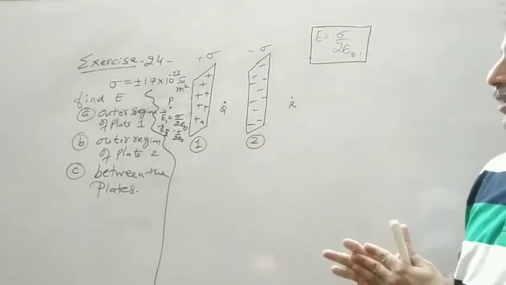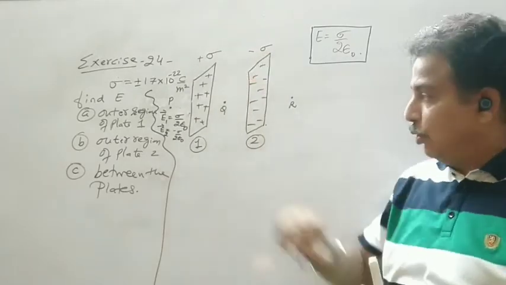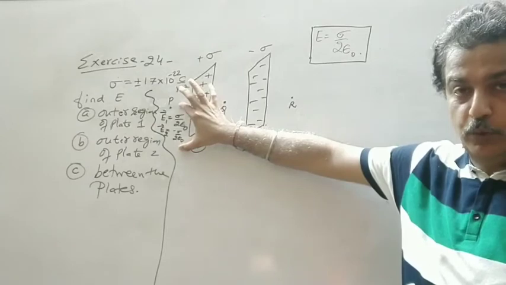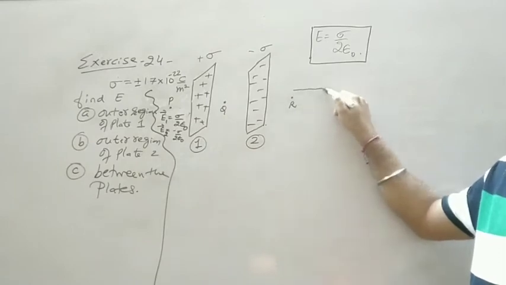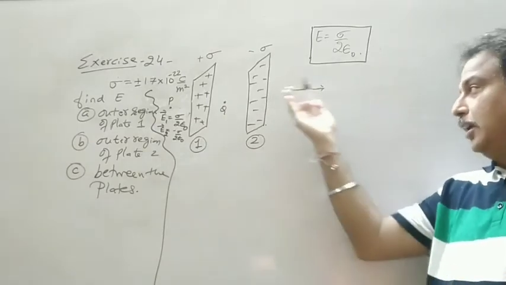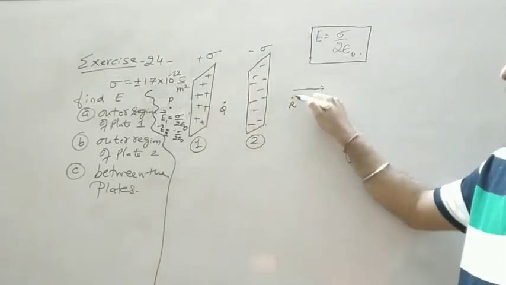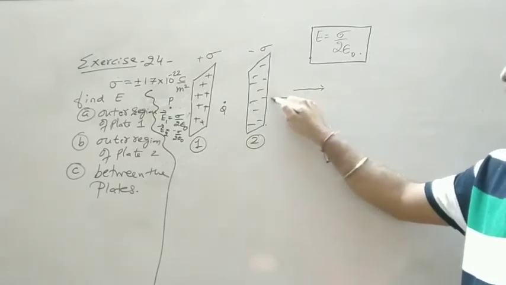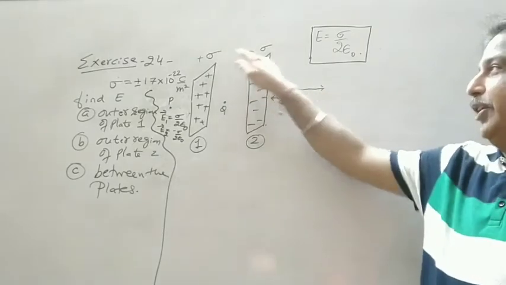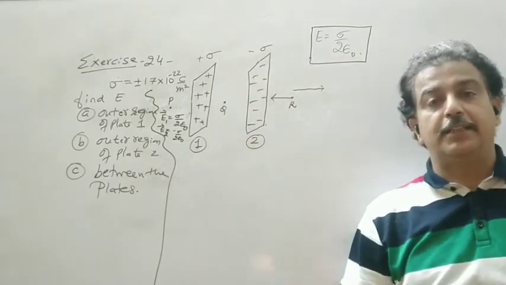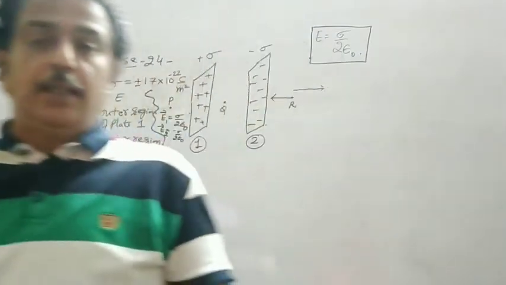The direction is opposite, since one charge is positive and one is negative, so if I do the summation, it comes out to be 0. Same thing on the other side: a test charge will be repelled along the positive x-axis by this plate, and attracted by the other. Again the direction is opposite and the magnitude of surface charge density is the same, so the resultant outside the plates comes out to be 0.